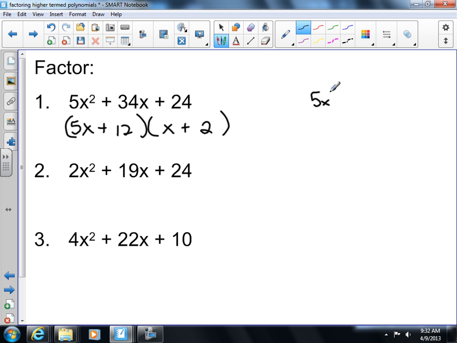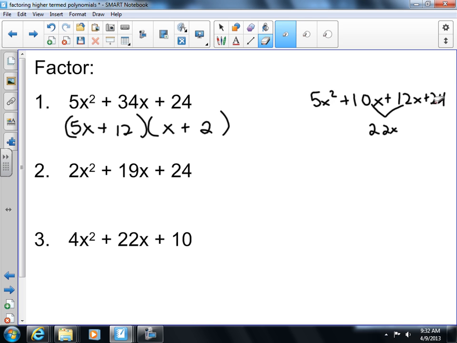I get 5x squared plus 10x plus 12x plus 24. Now what's 10x and 12x going to give me? 22x. Does that work? No. Okay, so that one doesn't work. And you can just cross it out on your paper when you find out that it does not work. So we need to try something else.